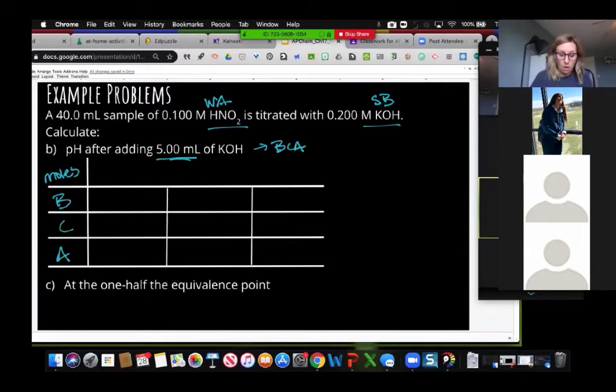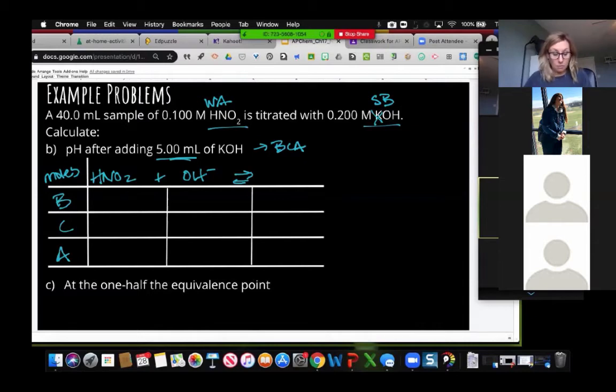And this one, we are not just going to use the H plus and the OH minus. We're actually going to leave it as HNO2 plus OH minus, and that's because it doesn't completely dissociate. Now the KOH, we can get rid of the K, because remember, if it's strong, that K is not going to have an effect. So that's why we can just use the OH minus, but for the HNO2, we have to leave it as is.